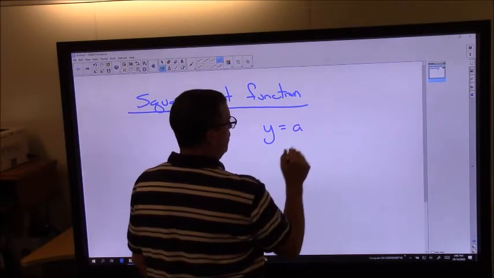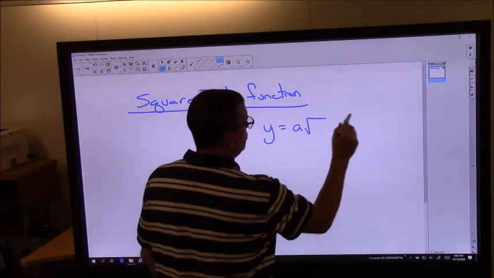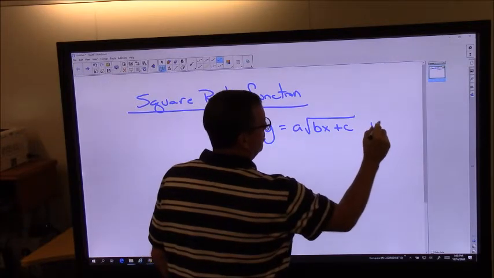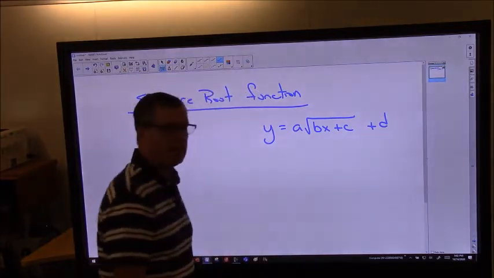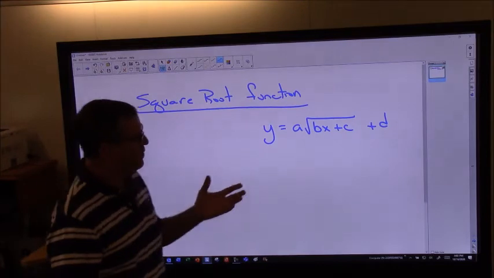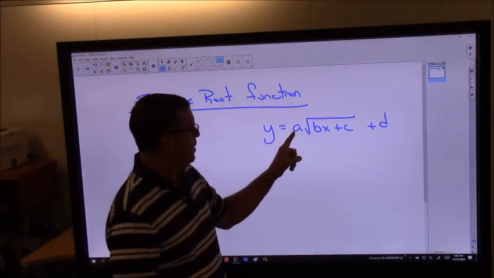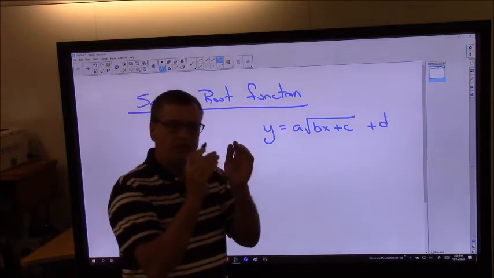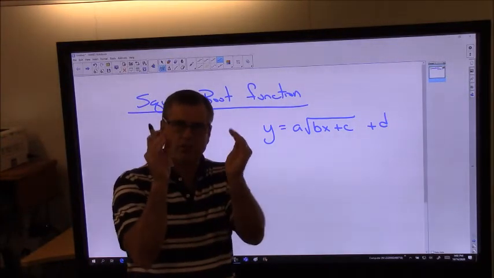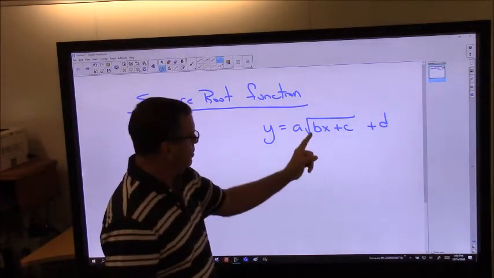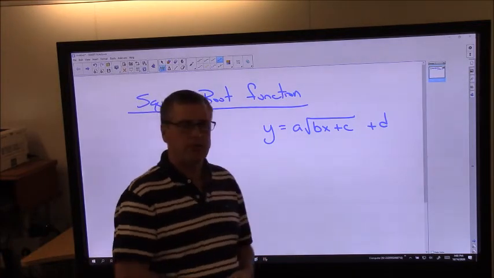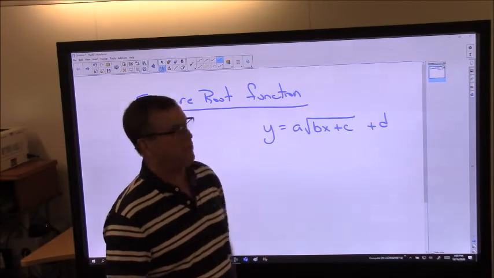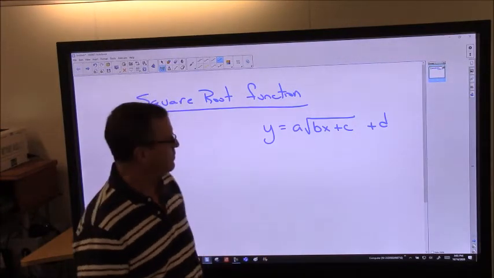So we're going to try and figure out what a times the square root of bx plus c, plus a d value, would look like. And you're going to start to notice this pattern. The number that's out in front is always the a value. The number that's grouped either inside parentheses or inside the absolute value or inside the square root is always bx plus c, that expression. And there's always this d value that's kind of out by itself.